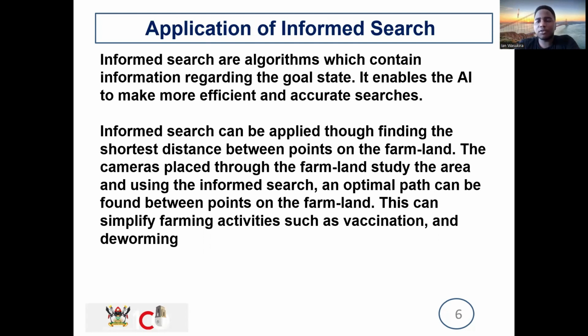As a farmer, you're interested in efficiency in farm activities. You don't want to take a long distance around the farmland. So using informed search, the camera can study the farmland and therefore determine the shortest distance between any 2 given points. This can optimize farming activities such as vaccination and deworming.